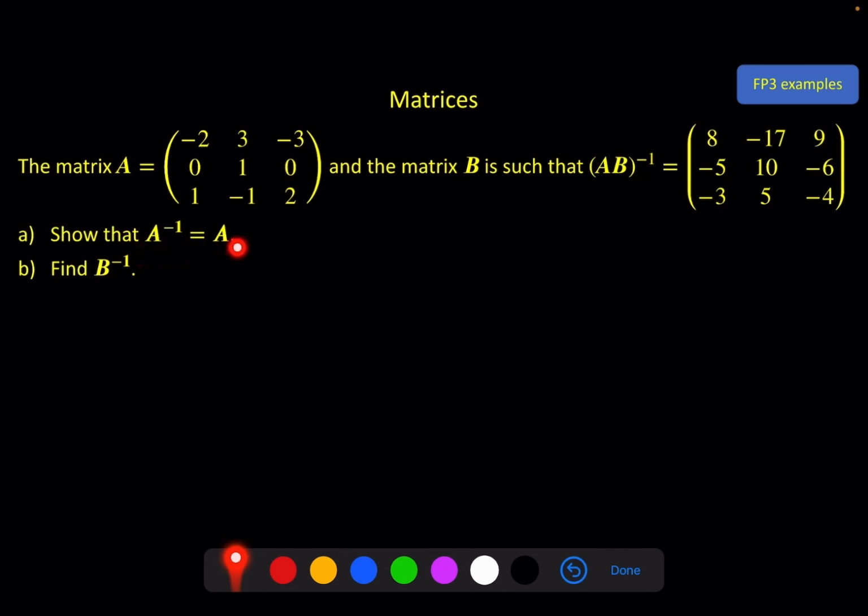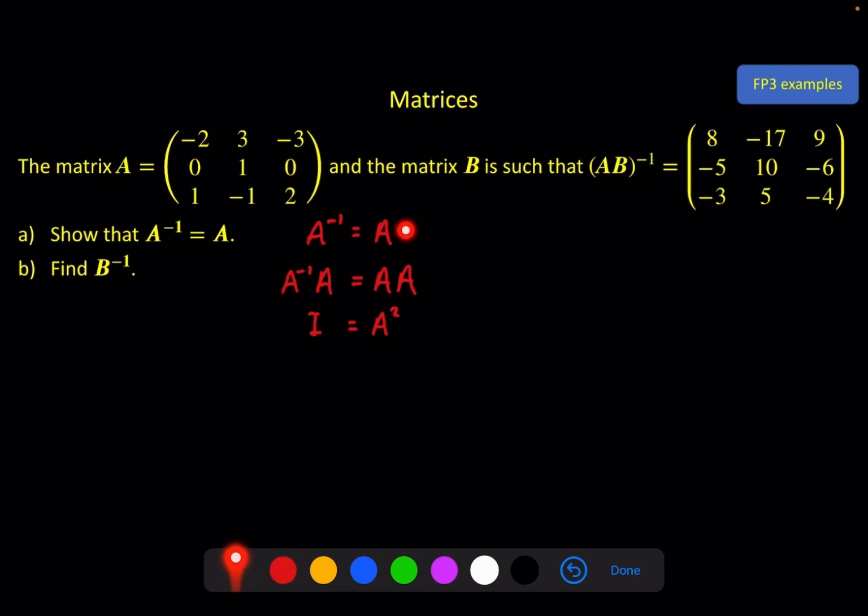What I can do here, instead of actually finding this and going, oh hey, it's the same as this, is to use matrix algebra. If this is true, and I multiply on the right of these, then on the left-hand side of the equation, that becomes I. And on the right-hand side of the equation, A times A, or A squared.